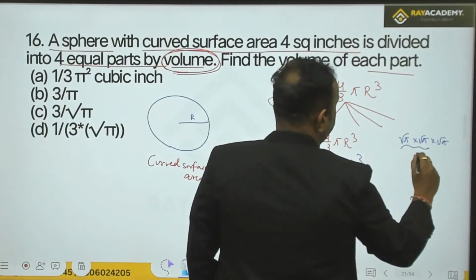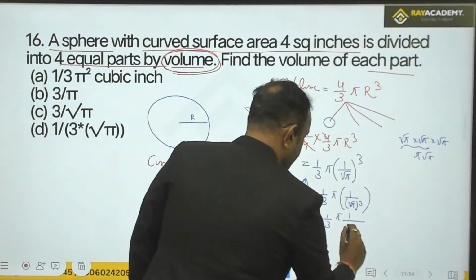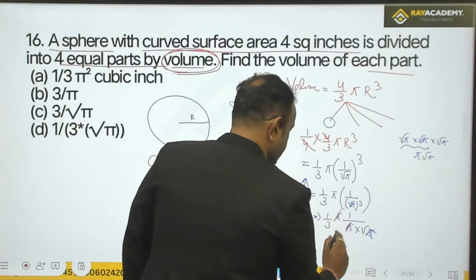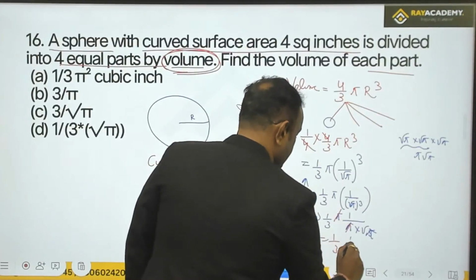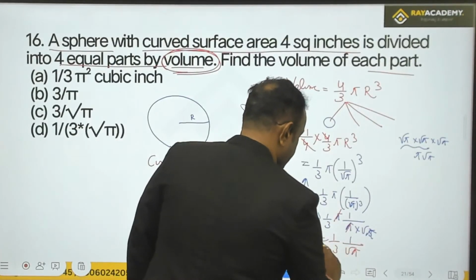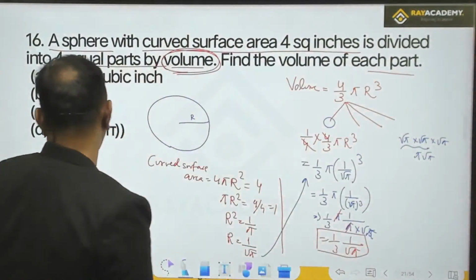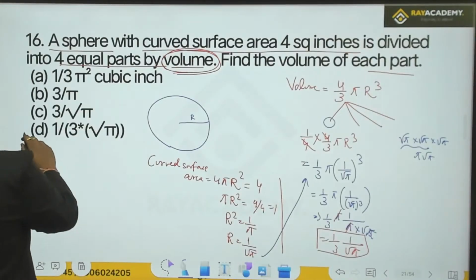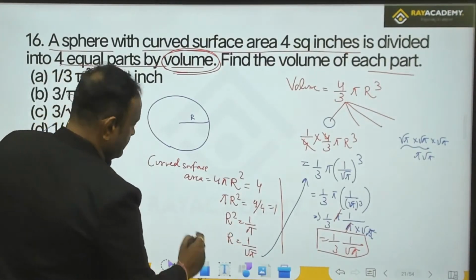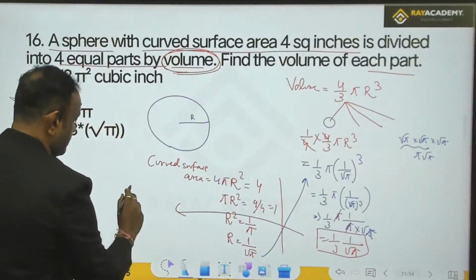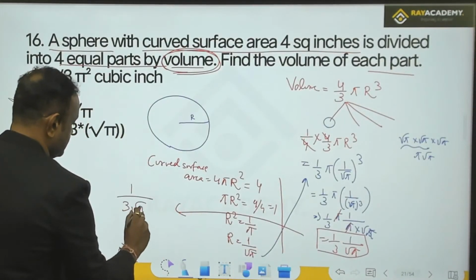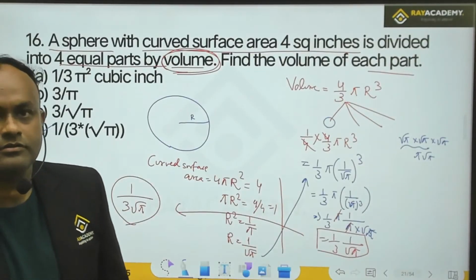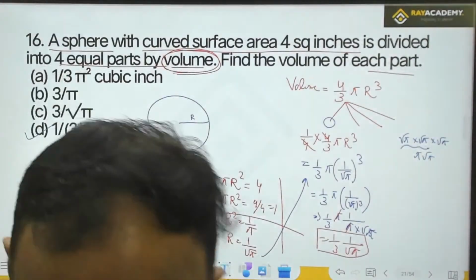So this gives you pi and root pi, like this, pi into root pi. So this gets cancelled. So you will get 1 by 3, 1 by square root of pi. This should be your answer. Volume of each part is 1 by 3 root pi. Got it? Okay.